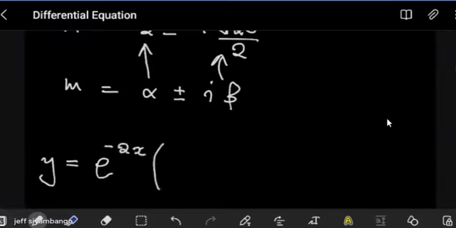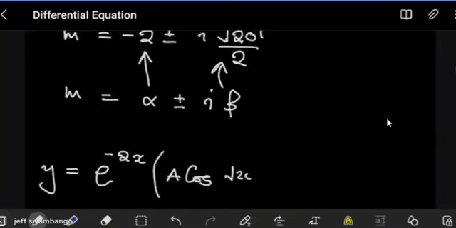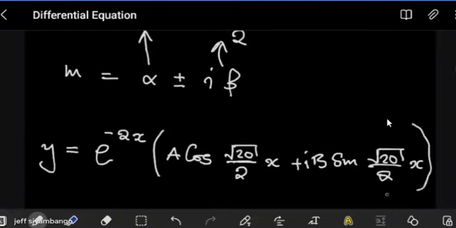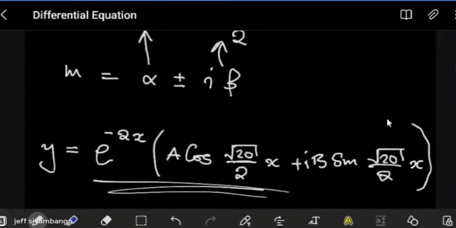Then open bracket, we have a constant, and then we have cos, and then this is beta. So for beta, I'll have root 20 over 2. Don't forget the whole thing is over 2. And then x here plus, and then we have B, i here, B, and then you have sine root 20 over 2 x. So this becomes the solution.